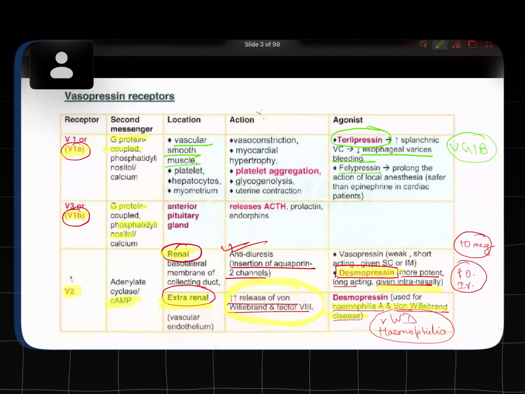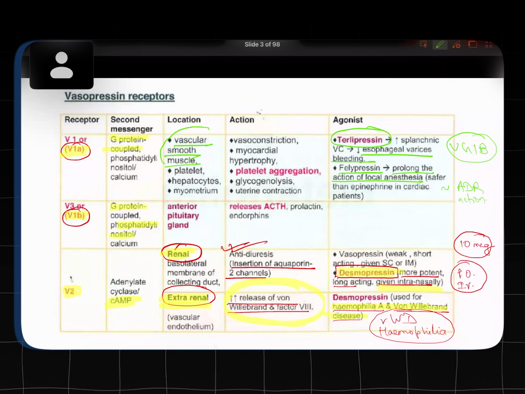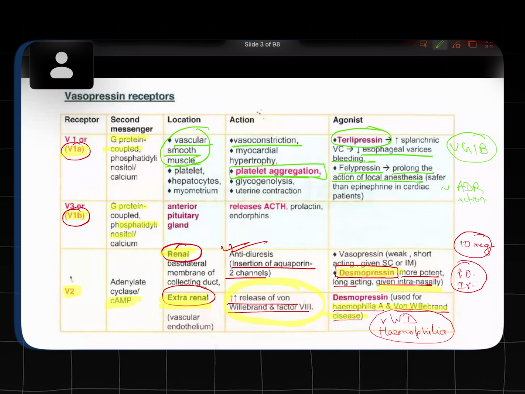Felypressin is for the theoretical part. I don't think it will come in MCQ, but it will prolong the action of local anesthesia, similar to adrenaline action, because it acts at the level of the vascular smooth muscles, causing vasoconstriction. It also causes platelet aggregation. These are the two MCQs which are important: vasoconstriction and platelet aggregation.